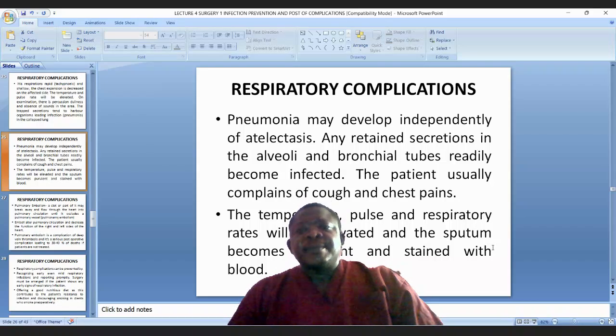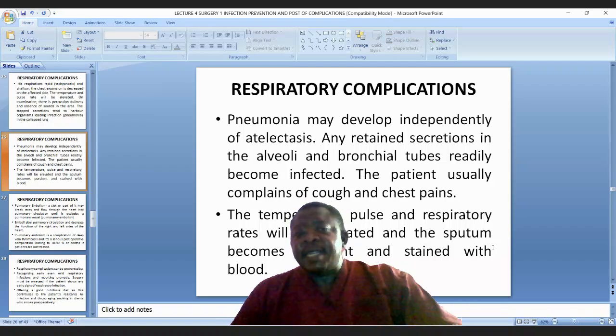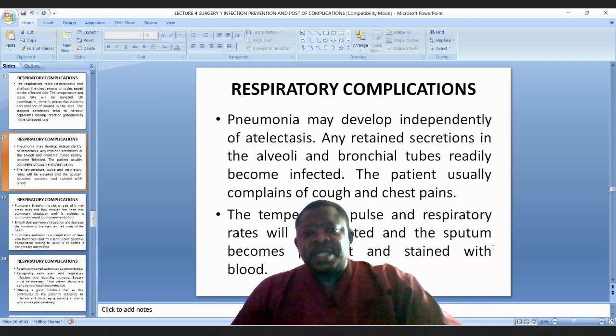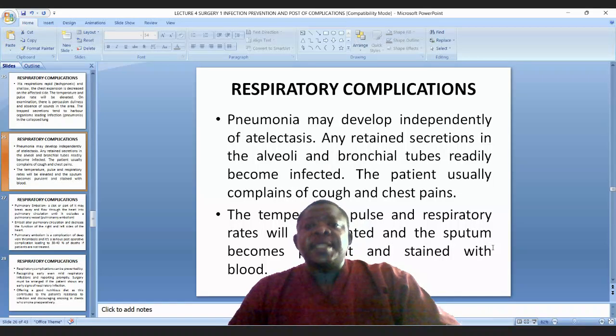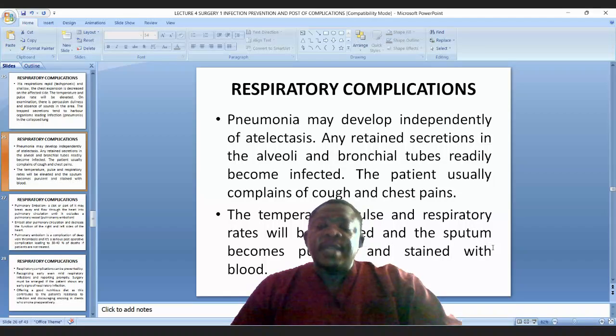Pneumonia may also develop independently of atelectasis. Any retained secretions in the alveoli and the bronchial tubes readily become infected. The patient usually complains of cough and chest pains.